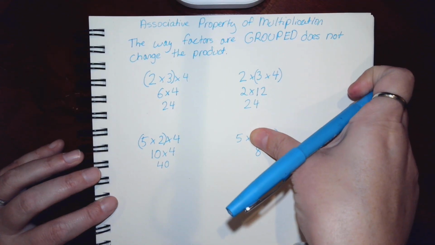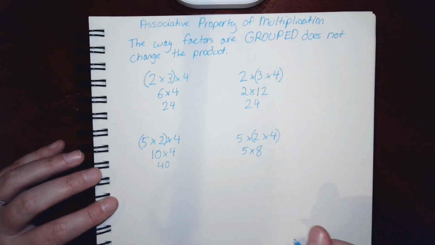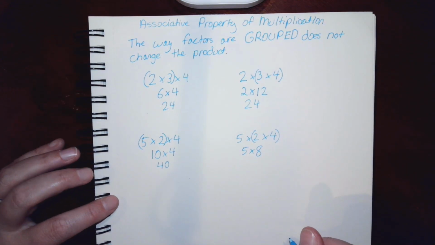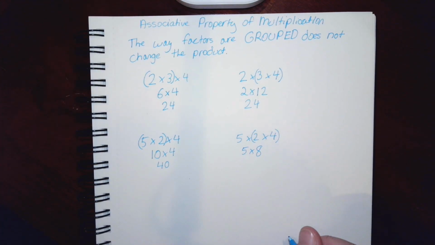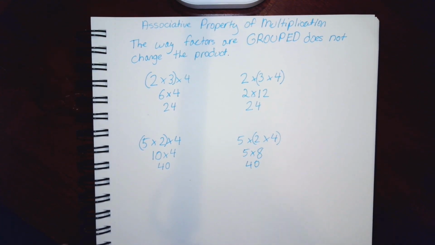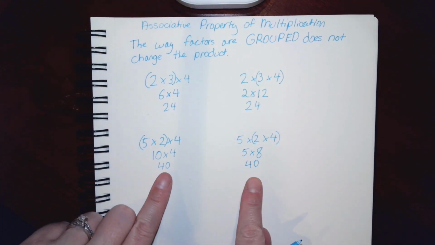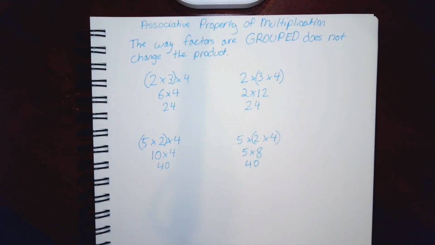I did that part of the problem, so now I need to bring down my 5 times. And everybody, what's 5 times 8? If you're not sure, count using your fingers. Count by 5s 8 times. That would get you to 40. Same product, different groupings. We group the factors different.